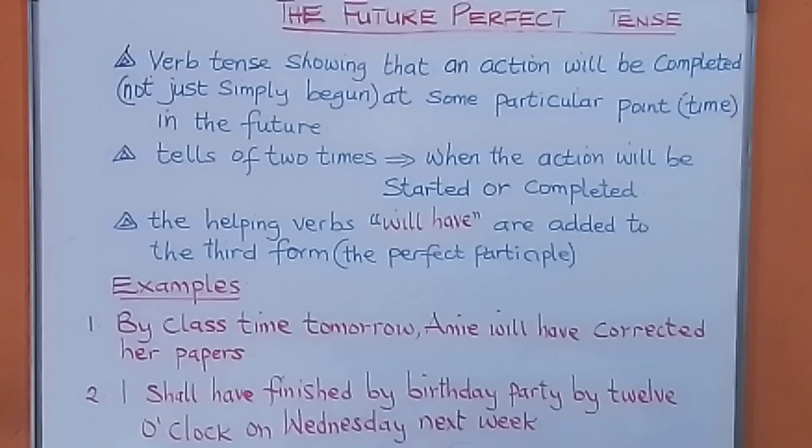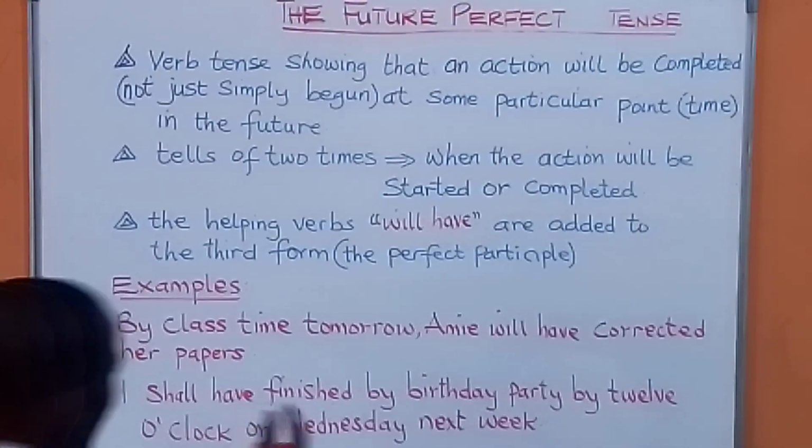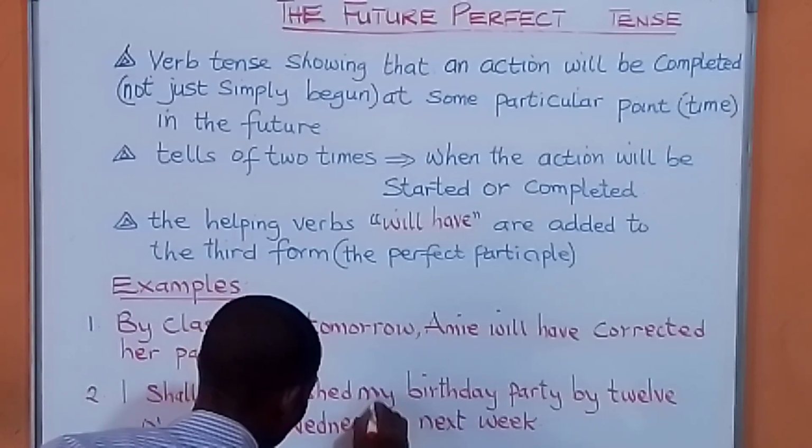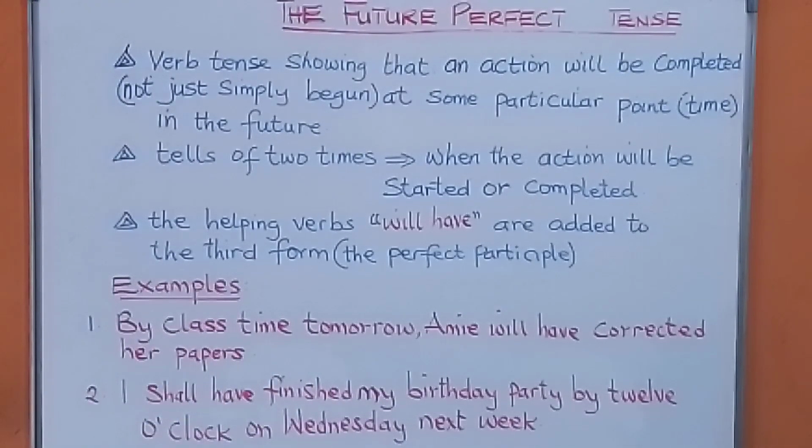Number 2, I shall have finished my birthday party by 12 o'clock on Wednesday next week. By 12 o'clock on Wednesday next week, I shall have finished my birthday party. Now it's telling you a party that will come, but when it will end is stated in the future.